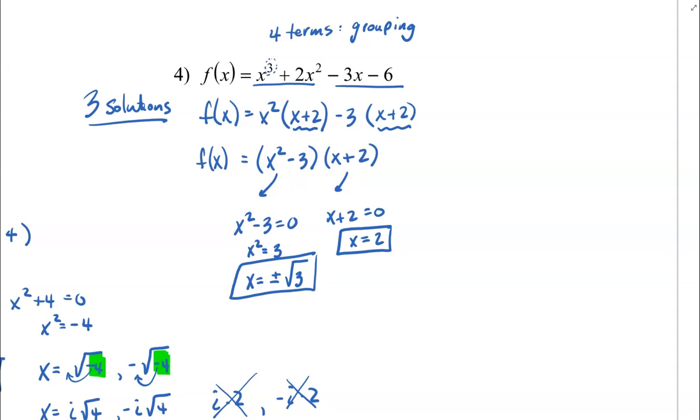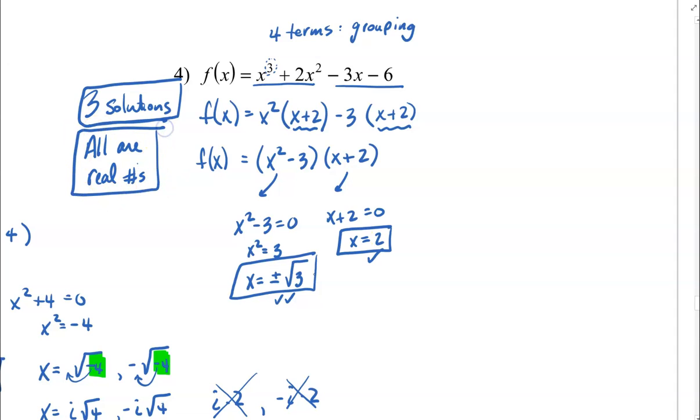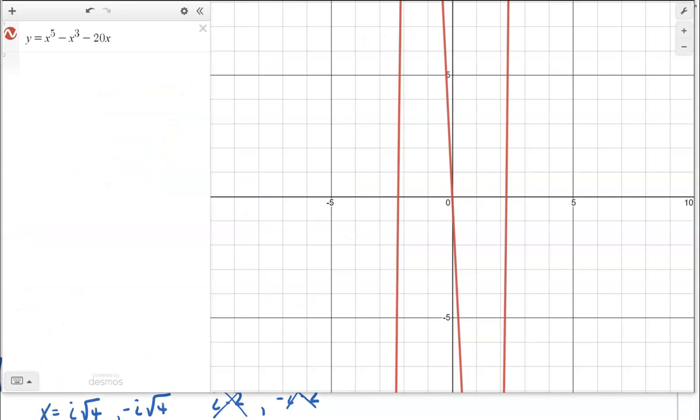So now we did find all 3 solutions, 1 here, 2 here. So we'll make the comment that there are 3 solutions, and all are real numbers. And here they are. If we wanted to graph that to confirm, we certainly could.